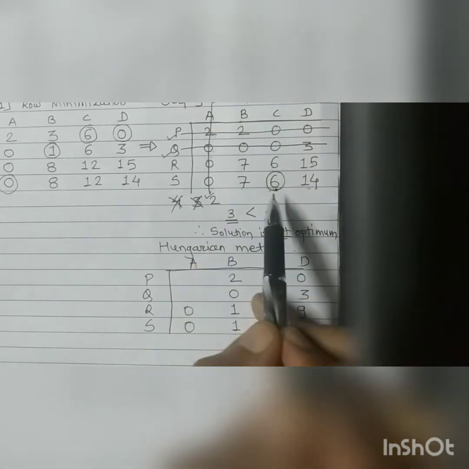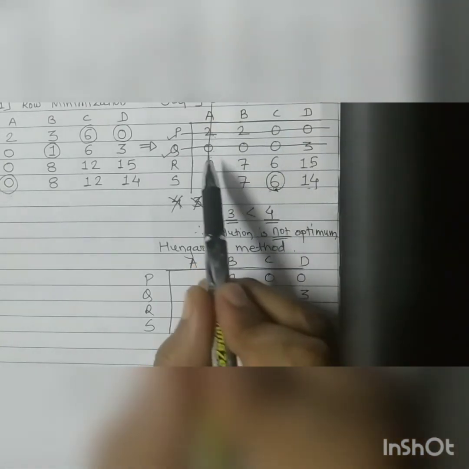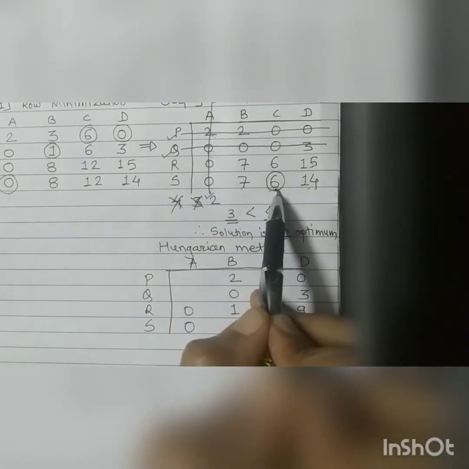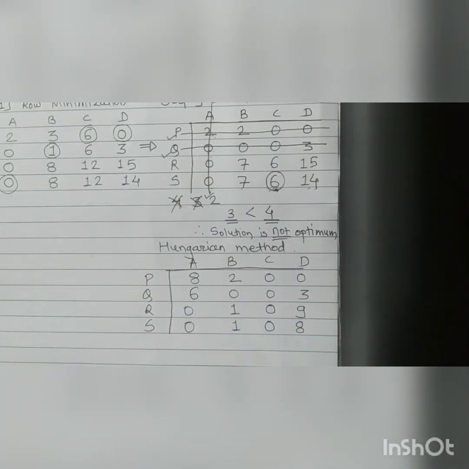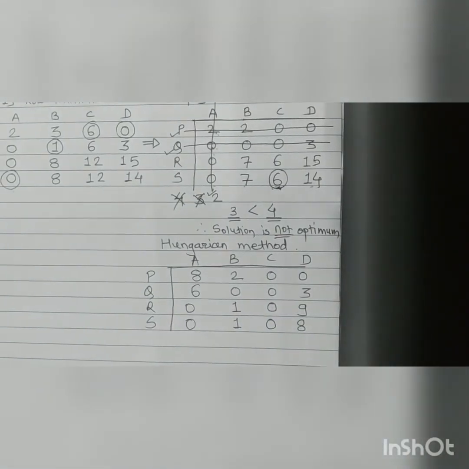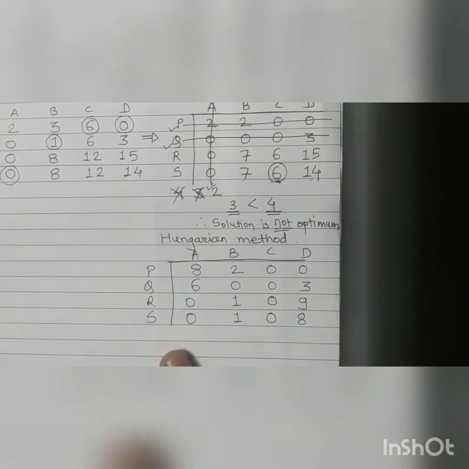That means 2 plus 6 and 0 plus 6. I will repeat, you have to add this element in the next group. So 2 plus 6, 8 and 0 plus 6, that is 6. So after Hungarian method, you will get this matrix. Okay, very simple. Now you got this matrix.